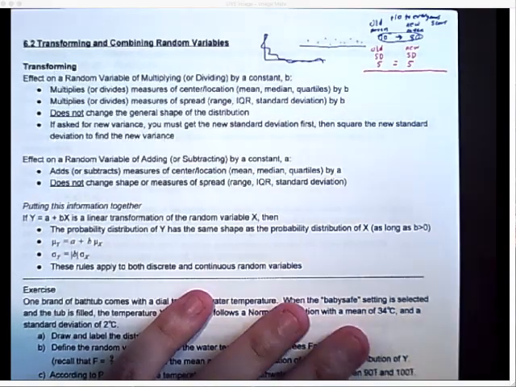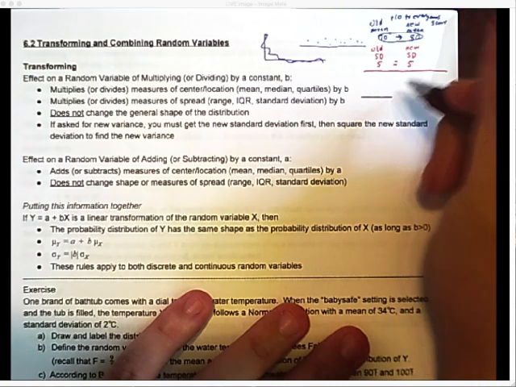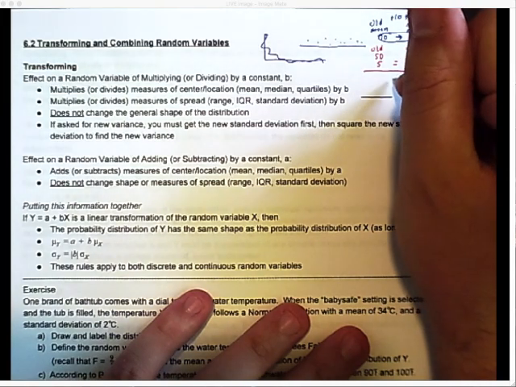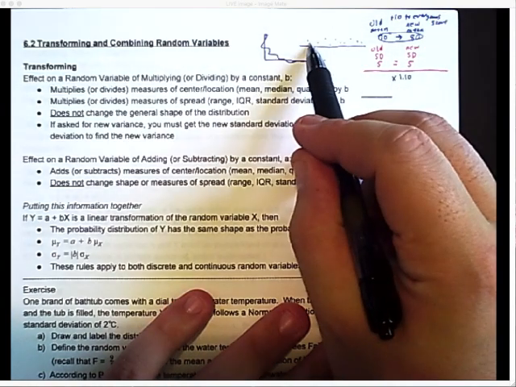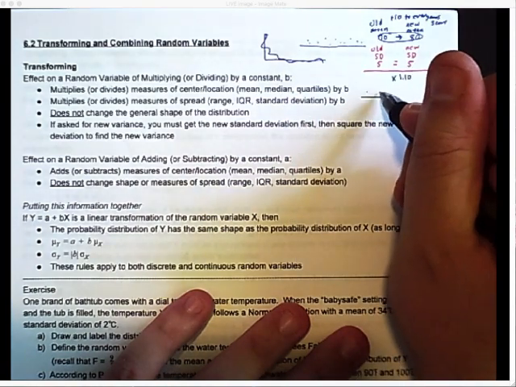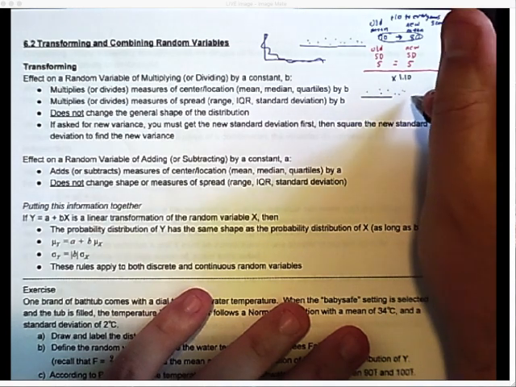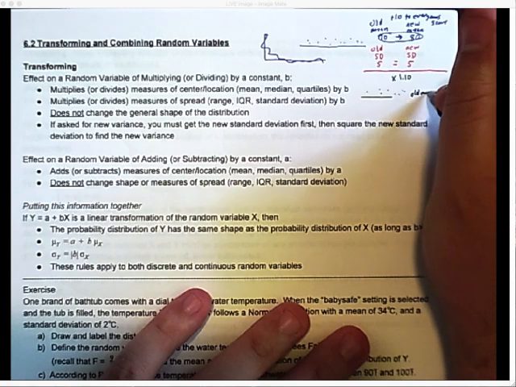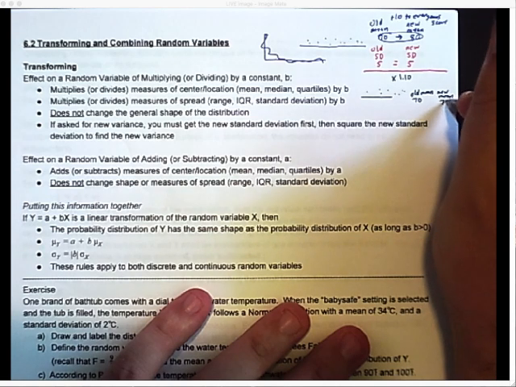Now if I took that distribution and multiplied by 1.10, the distribution would be more spread out. Here you would take the old mean, which was 70, and the new mean would be 10% more than that, so it would be 77.